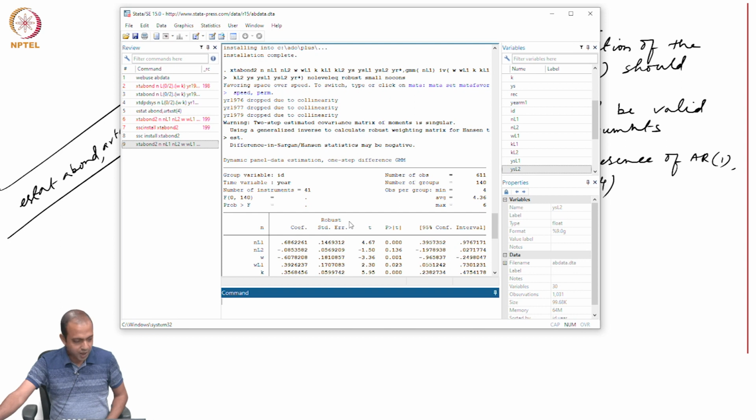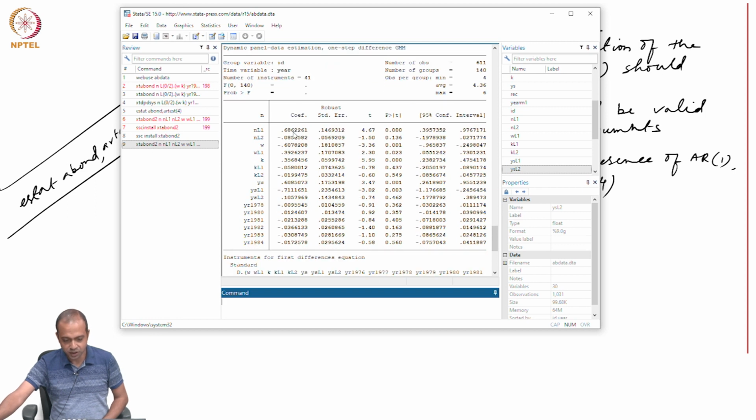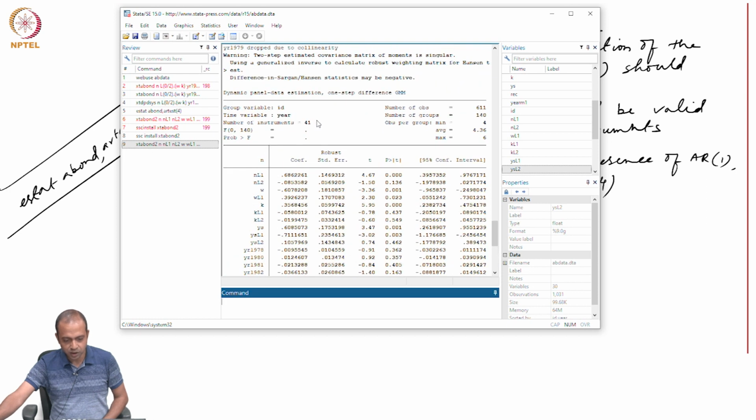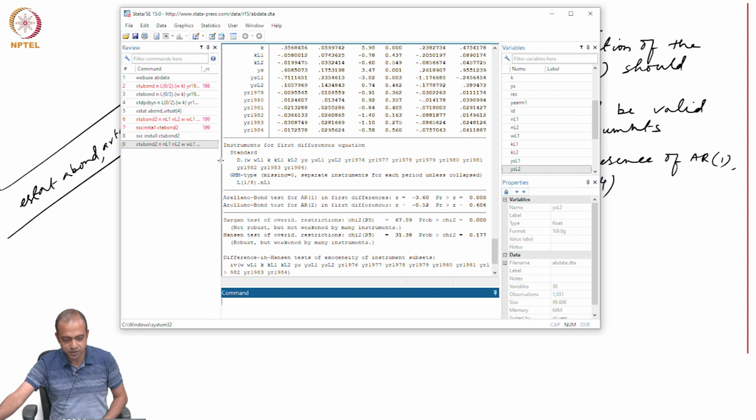So, I have estimated this model, this is what I have estimated, the dynamic panel data estimation, one step difference GMM, right, and these are the coefficients, and once again the number of instruments is 41, and these are the instruments.